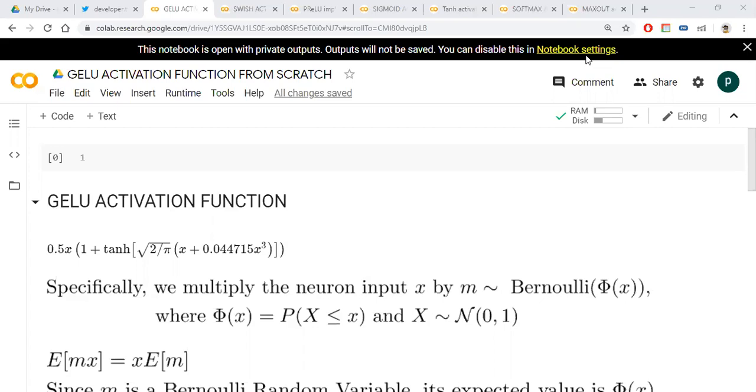Then why don't we combine these two? Based upon this idea, GELU came into the picture. Both of the above methods together decide a neuron's output, but they work independently. Dropout works independently, and activation functions work independently. So why can't we combine them? Due to this, GELU came into the picture.